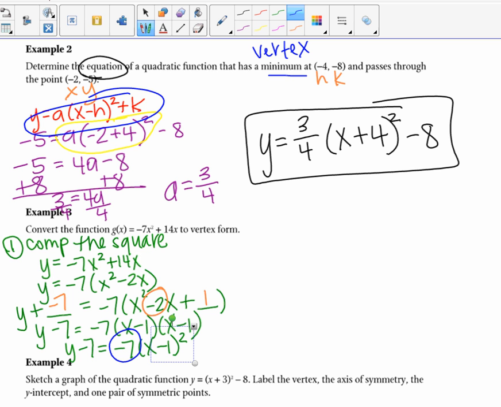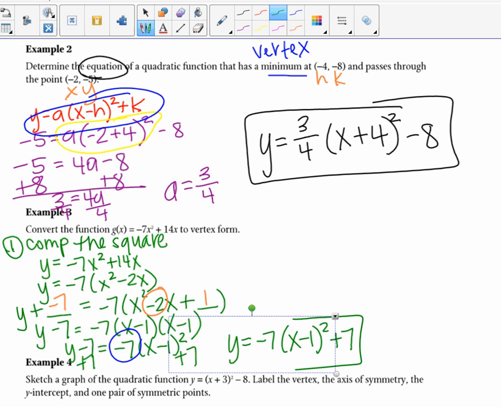We have the x minus h squared part. But if you notice in standard form, y is by itself. So the last thing you need to do is add 7 to both sides. And you get y equals -7 times x minus 1 squared plus 7. And that's your answer in vertex form. So that's completing the square.